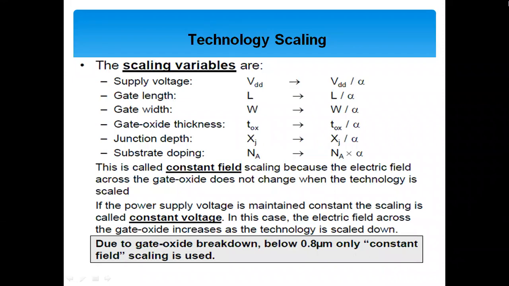But what is the best method out of constant field and constant voltage? Due to gate oxide breakdown, below 0.8 micron only constant field scaling is used, right? That means you have to scale all these parameters so that the electric field across the gate oxide does not change. So in a practical scenario, constant field scaling is always used.